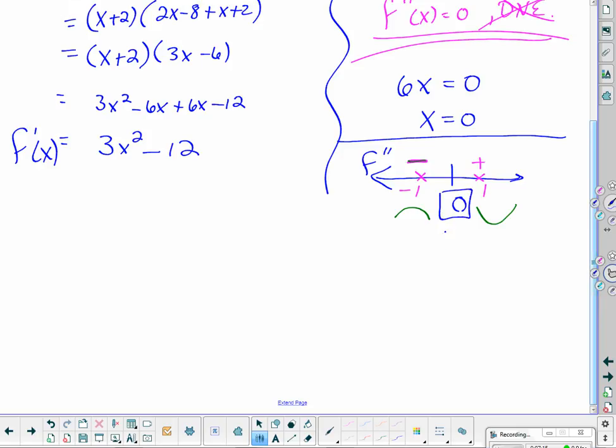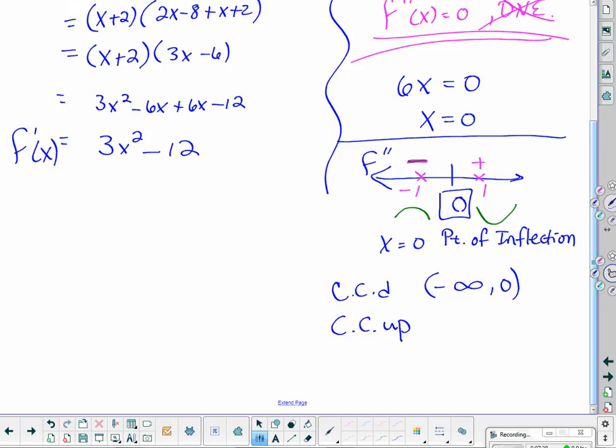So x equals 0 is a point of inflection. The other thing we can pick up is that we are concave down on the region from -infinity to our point of inflection 0. We are concave up, starting at 0, moving to the right where we had positive.